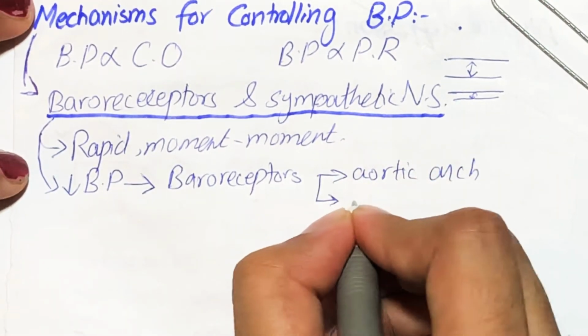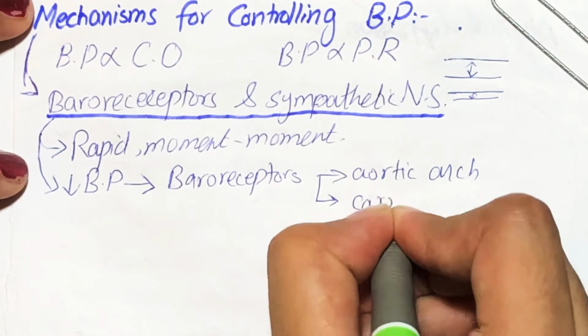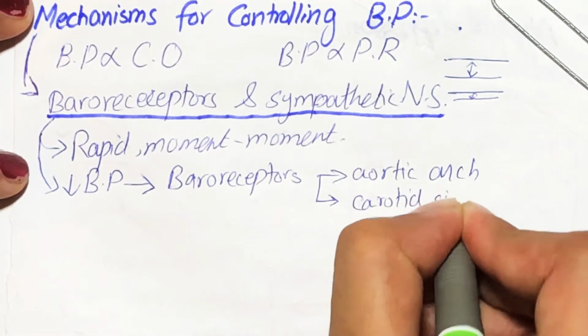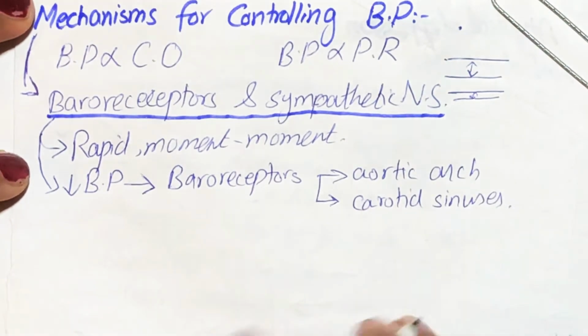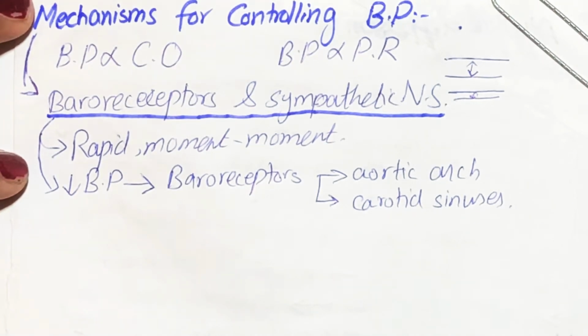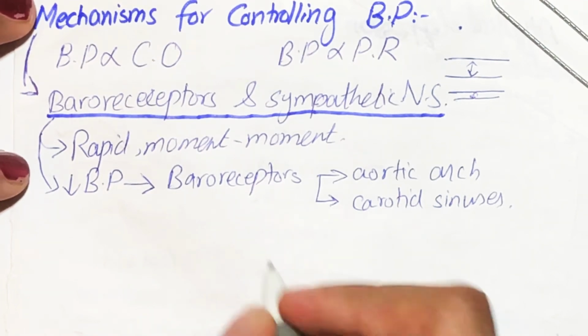They are also present in the carotid sinuses. So when these pressure sensitive neurons are activated because of the sudden decline in blood pressure, they send impulses or signals to the cardiovascular centers, and the cardiovascular centers are present in the spinal cord.